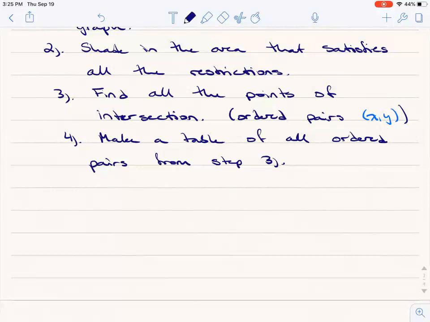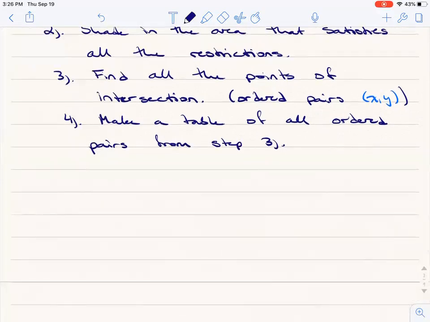Okay? This is where your profit function comes in. So now you're going to evaluate the profit function at each xy ordered pair. Whichever one is the highest, that is the maximized profit function. And so fifth step is to calculate the profit from each of the ordered pairs.